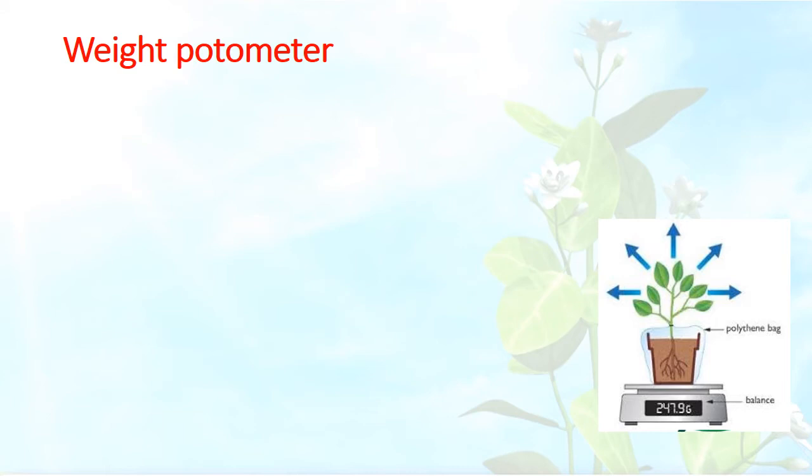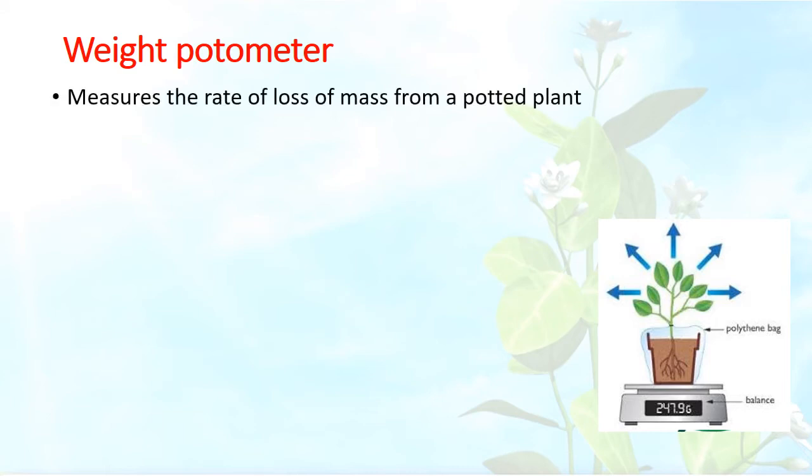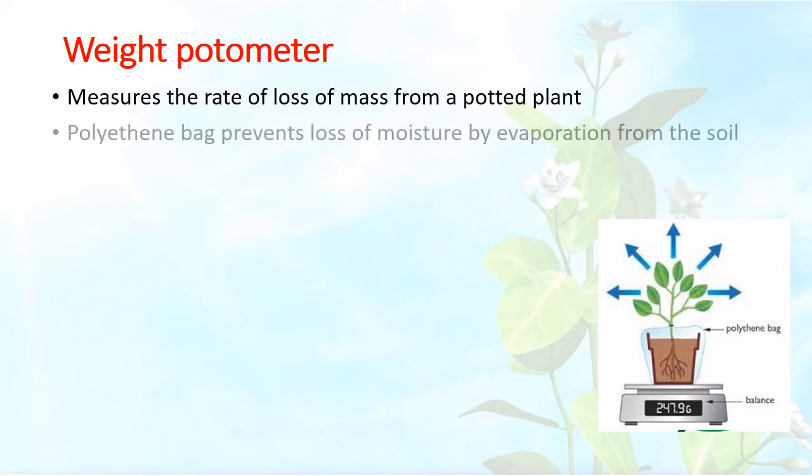Weight potometer. You can see a weight potometer in the image. This measures the rate of loss of mass from a potted plant. You can see that there's a polythene bag to prevent loss of moisture by evaporation from the soil. Why do we need that one?